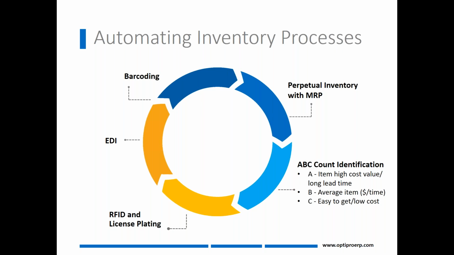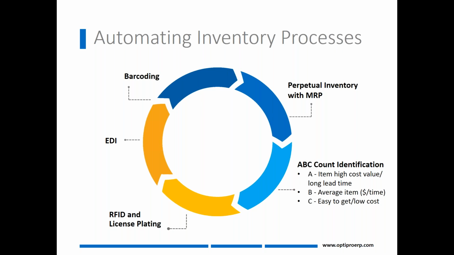They have long lead times, and a stock out could actually cause critical production disruptions. B items are your run-of-the-mill. They have an average cost. The lead times aren't too onerous. And the C items are the fast movers. They're easy to get. They typically have a low cost.